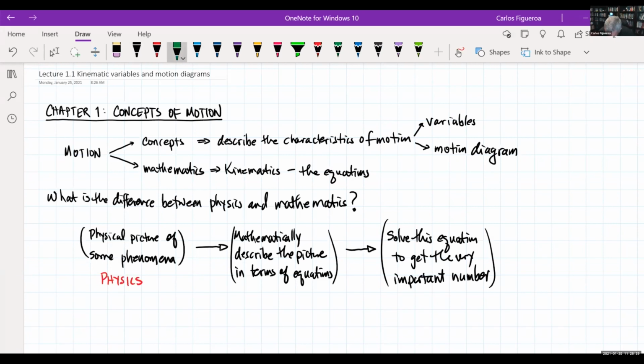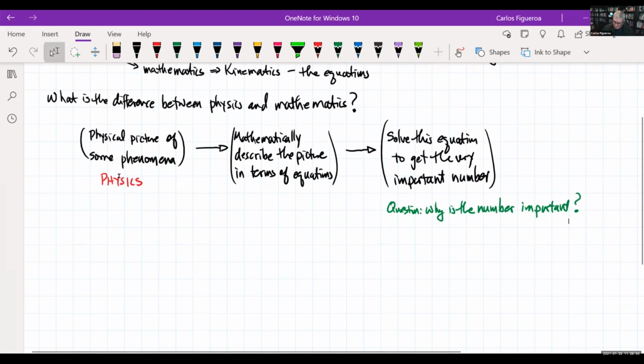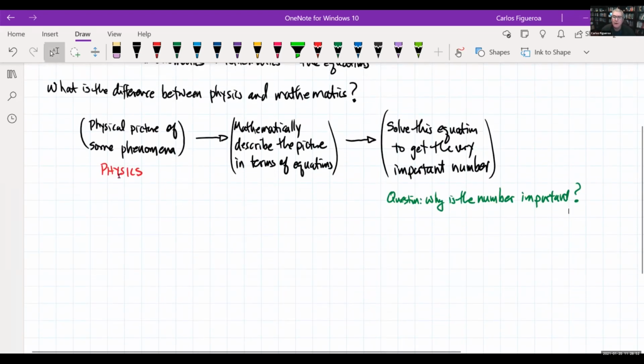But you've got to remember, why is the number important, right? So the question that I'm asking is, why is the number important? Well, the reason it's important here is numbers are a universal language.